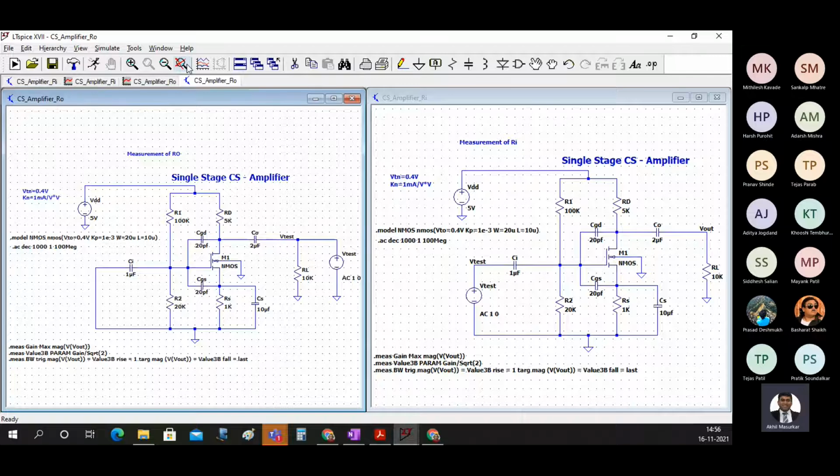So you can give your own formulas and do the measurement the way you like. More of that is in the LTspice manual on the LTspice website, but I don't know how many of you will actually go and read it. So I thought let me include these commands which you will require to analyze any circuit later on.